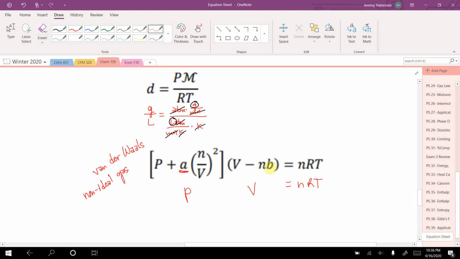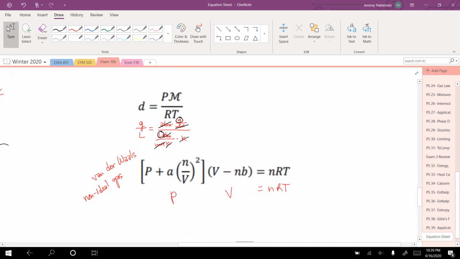So A adjusts for pressure, B adjusts for volume, and A and B are constants that are based on whatever molecule you're dealing with, and so that's why they're not on the equation sheet, because they would just have to be given in a problem. So you would treat this just the same. Pressure is atmospheres, then you have A, and then you have n, which is moles over liters for volume, and that's squared.